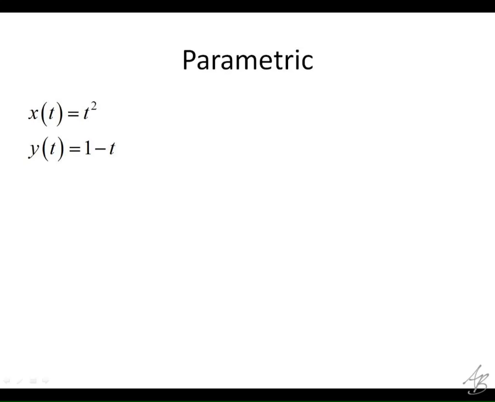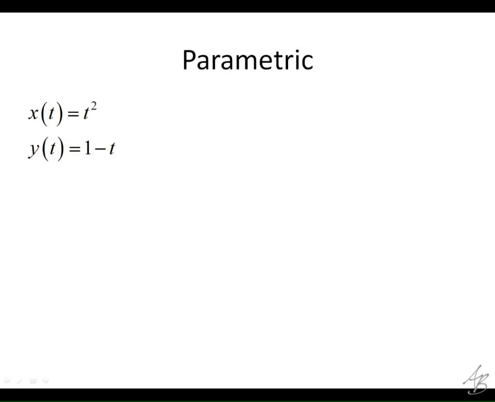And it turns out that because this is continuous and this is continuous, our parametric curve is going to end up being continuous also. So we could plot discrete points, discrete being separate points. We could put in 0 for t, 1 for t, 2 for t, 3 for t, and then connect the dots and have a pretty good idea of what this parametric relation would look like.